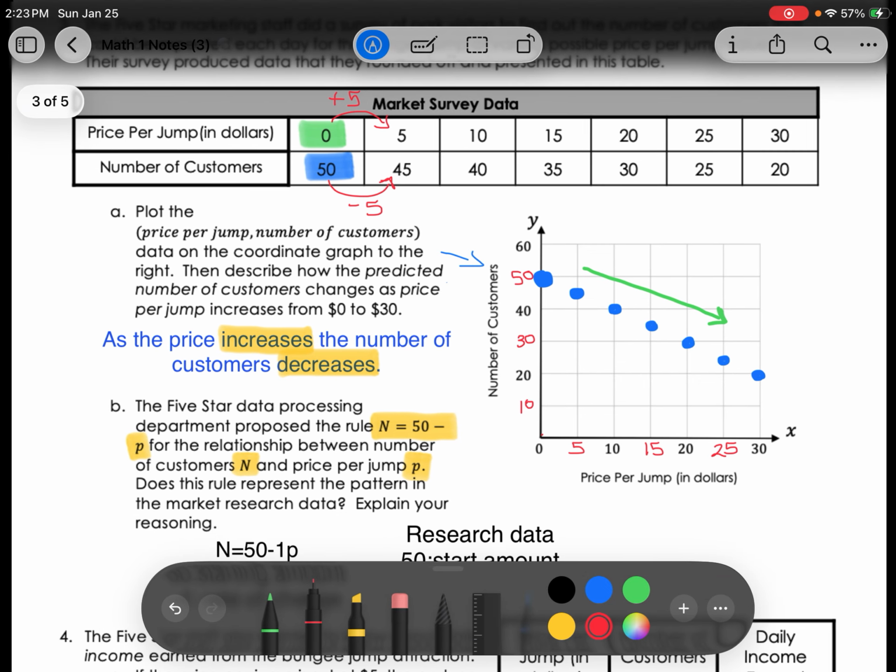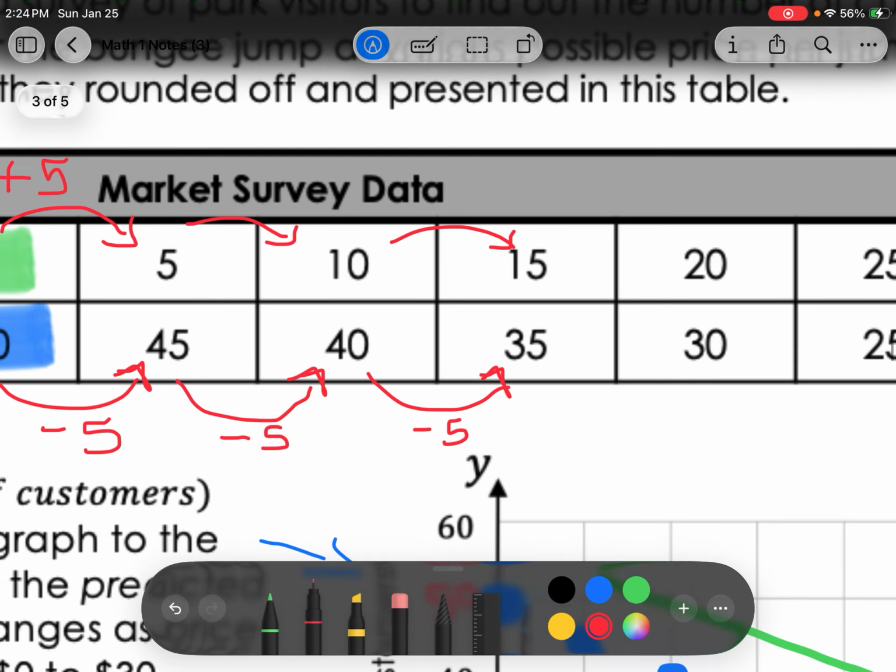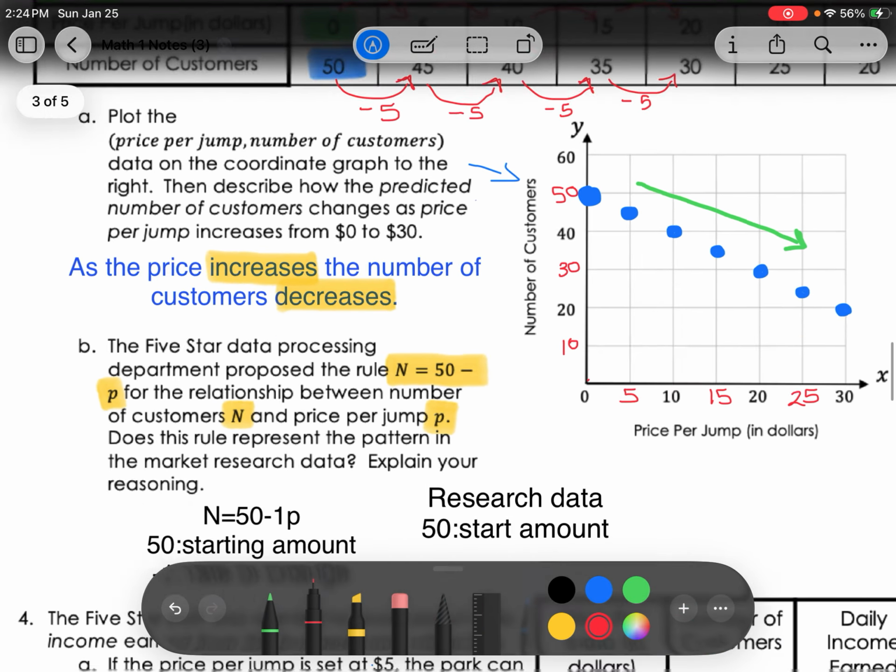Okay? And again, if you don't believe it, keep doing the pattern, guys. It's not gonna kill us. It's just being able to visually see what's happening. Because over time, top's adding 5, bottom is subtracting by 5. That's really important.